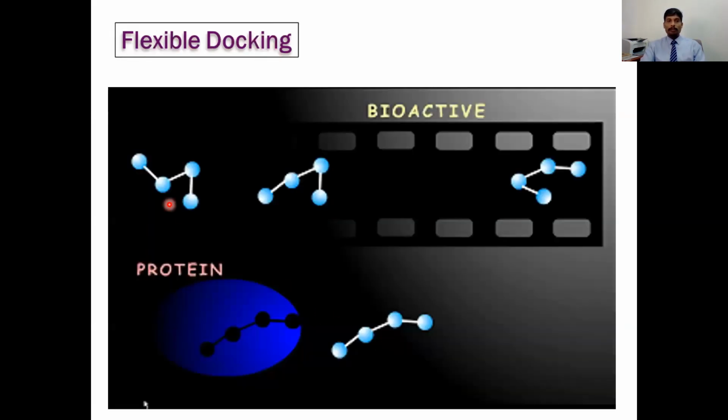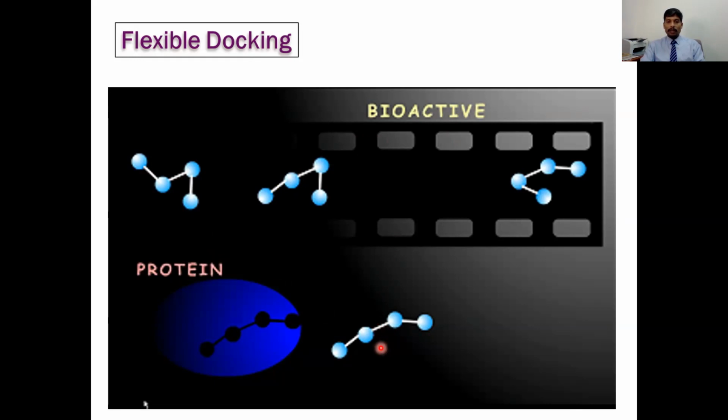So the best way is flexible docking. You can keep the protein structure defined and intact, but you give the ligand the freedom to change its conformation. So this one changes to here, and this one changes to this.